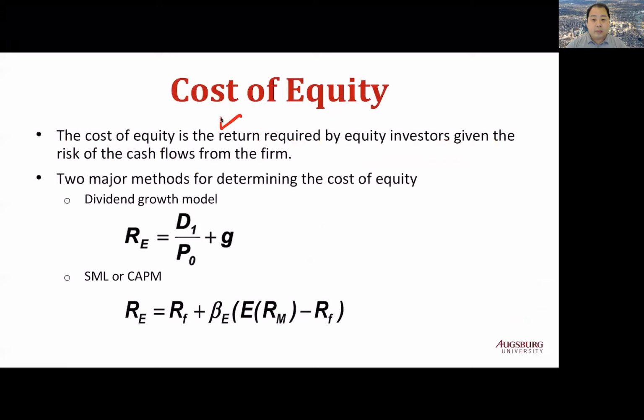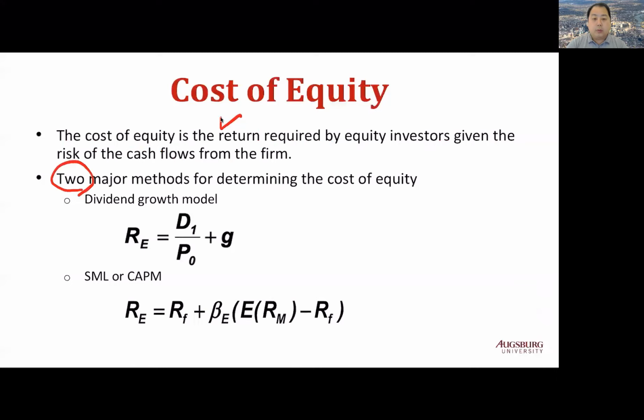For a firm, it is a cost, and for the investor, it is a return. So the cost of equity is the same as the return required by equity investors. It means that we can use equity valuation models to get the cost of equity.